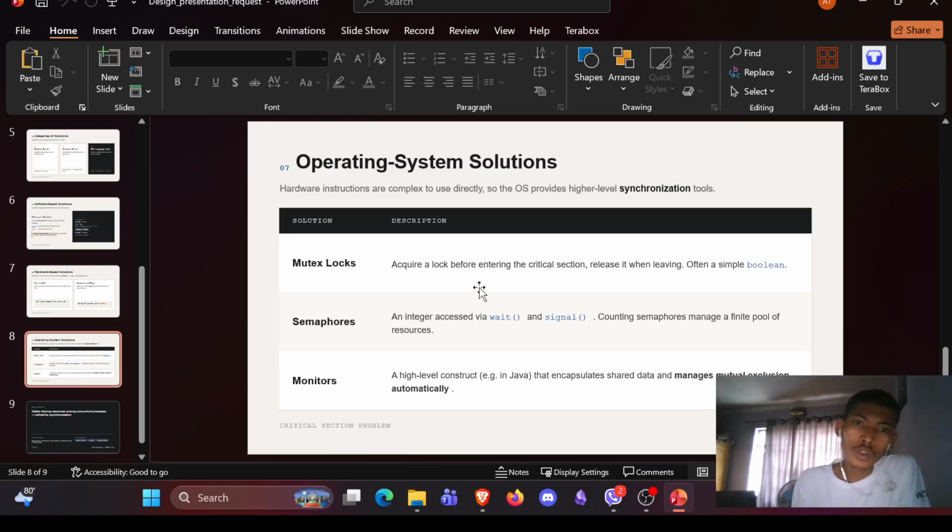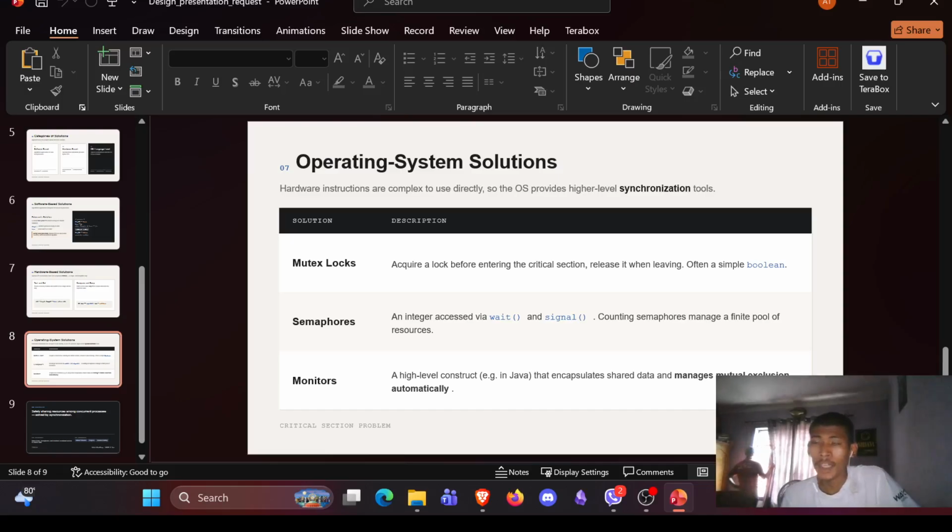And now we turn to operating system solutions. There are three solutions. The first one is mutex locks. With a mutex lock, a process calls acquire before entering the critical section and release after. It is simple and widely used. Semaphore: a semaphore is an integer variable controlled by wait and signal.